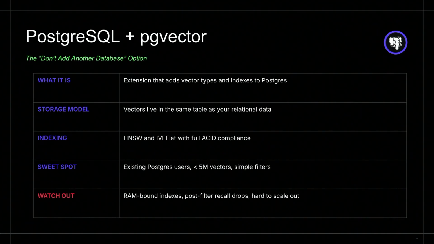You add three things: a data type called vector, two index types, HNSW and IVF flat, and three distance operators that let you write queries like ORDER BY embedding distance LIMIT. That's the whole thing, and it's the simplest option you can use for vector search.